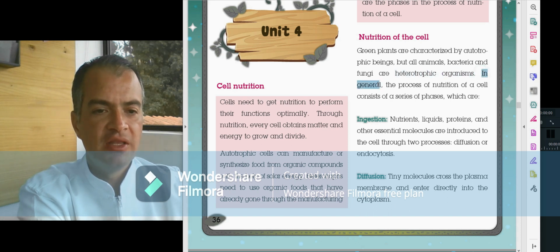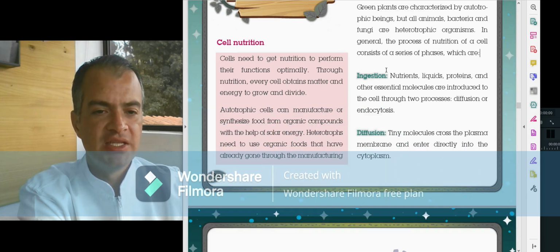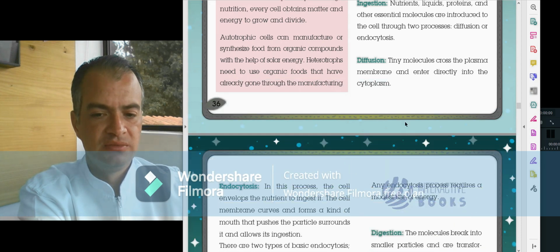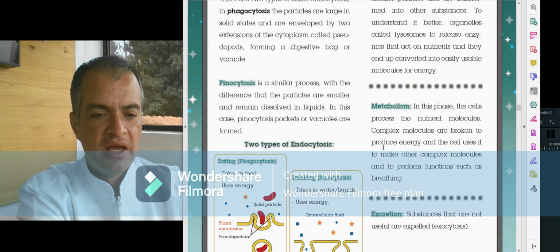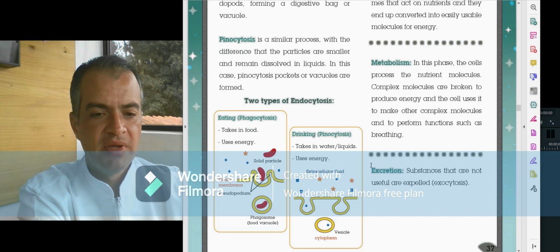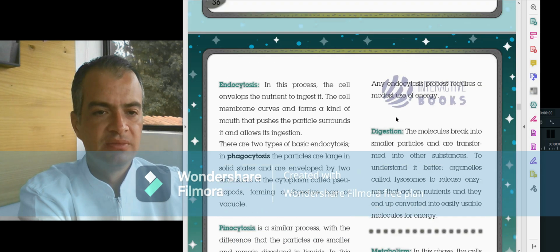In general, the process of nutrition of a cell consists of a series of phases which are. En general, el proceso de la nutrición de la célula consiste en una serie de pasos o fases que son ingestion, diffusion, digestion, metabolism and excretion.